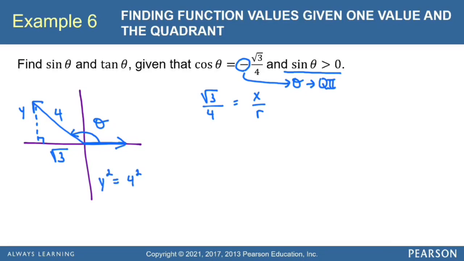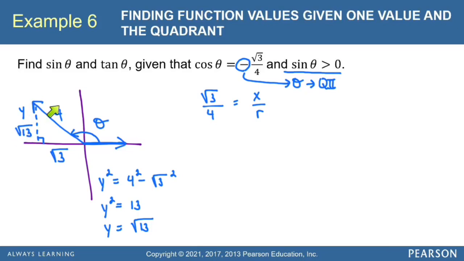So y squared is going to be 4 squared minus this radical squared. So 4 squared is 16, this radical squared is 3. So 16 minus 3 is going to be 13. And then the square root of 13 is y. So the length of that side is square root of 13.